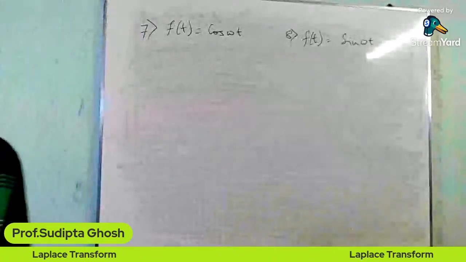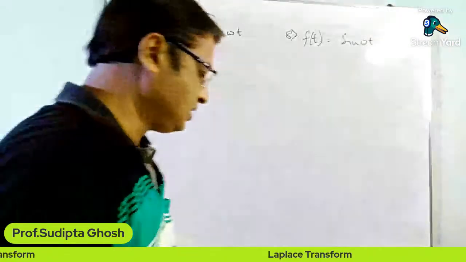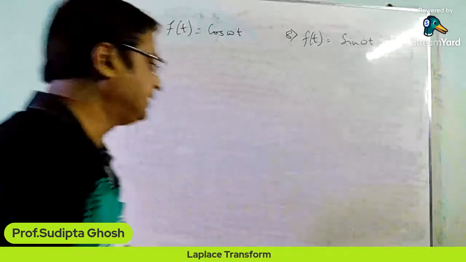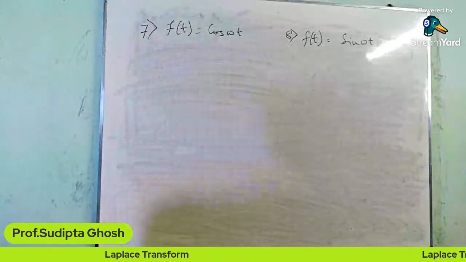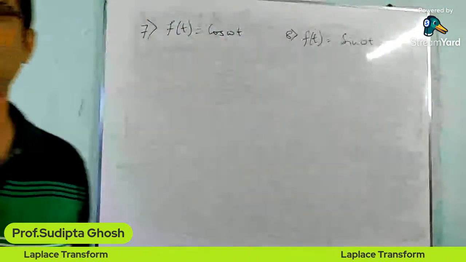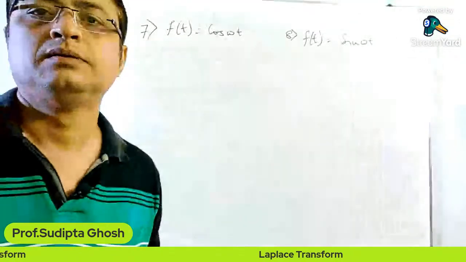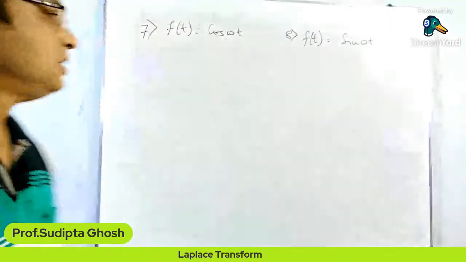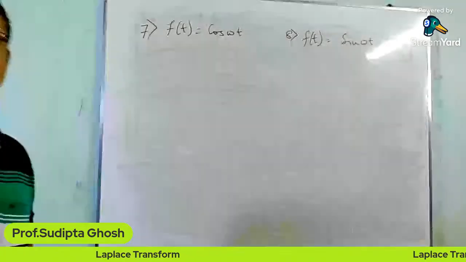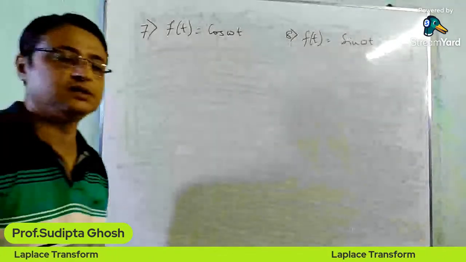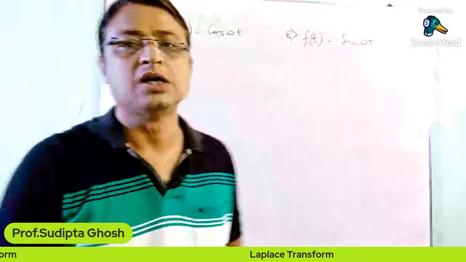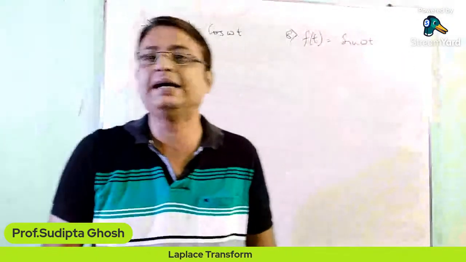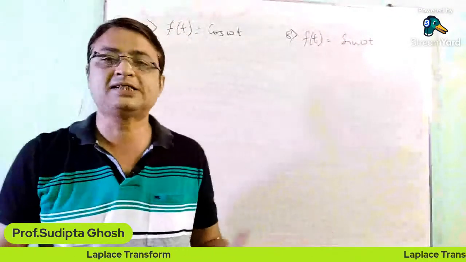So now we have two trigonometric functions, sine omega t and cos omega t, and we have to find out their Laplace transformations. Again we have to write these cos functions or the sine functions in their expanded form.